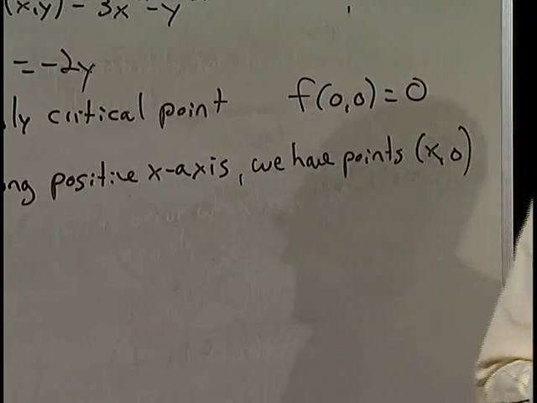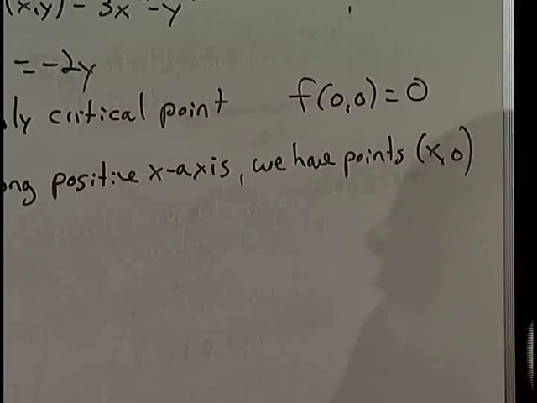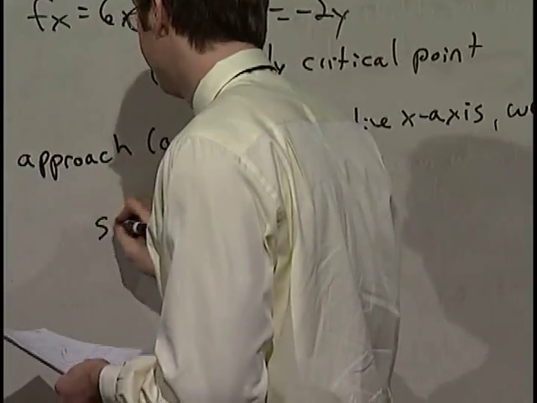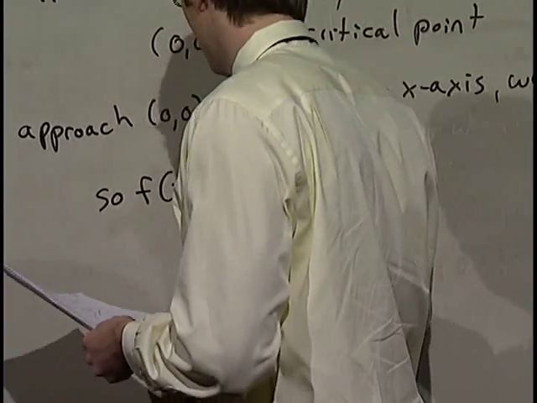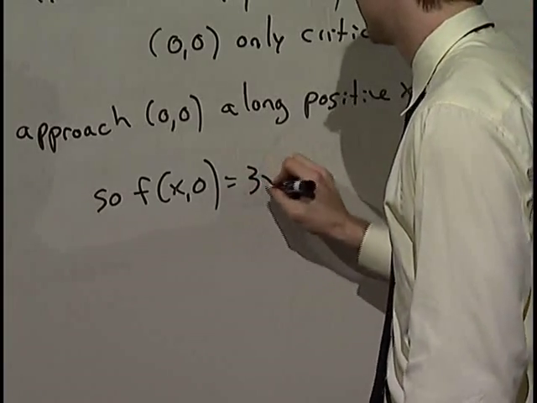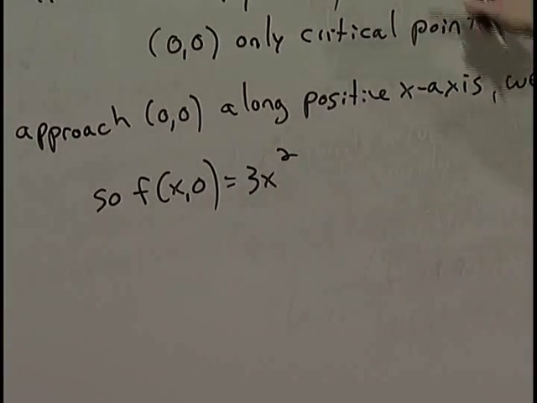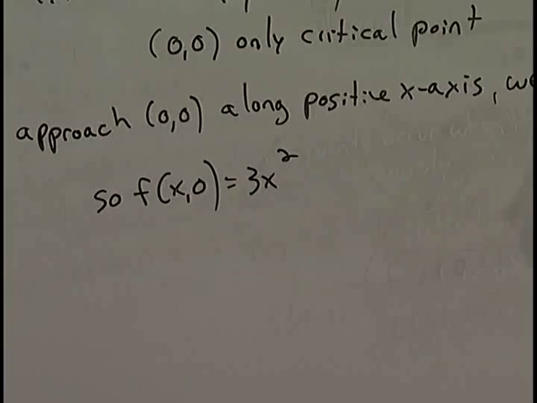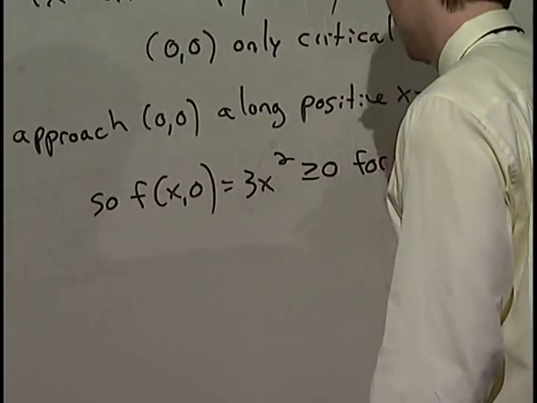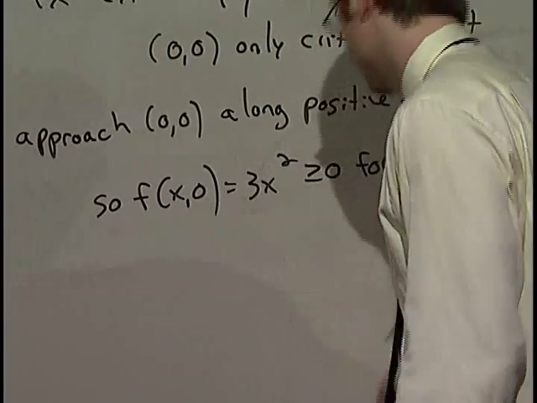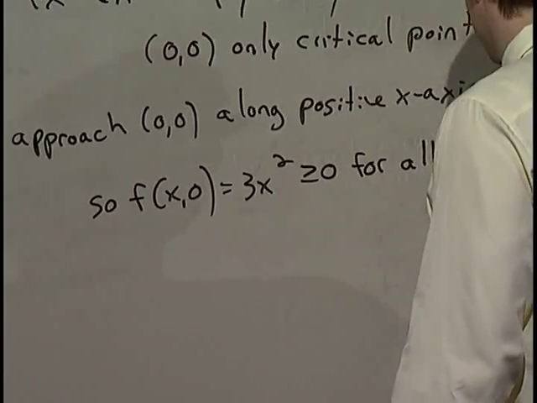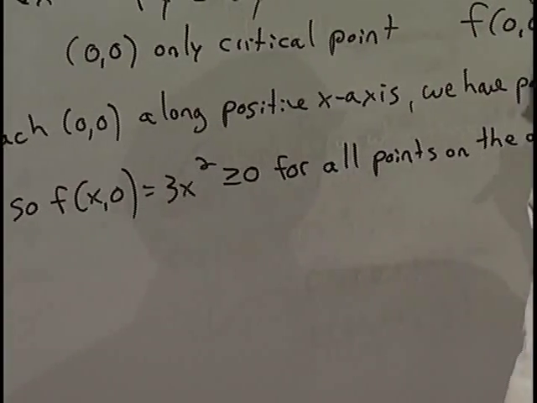So you're walking along the x-axis, every point has this coordinate (x, 0), and the x's are positive. When I plug that point into my function here, I get just 3x squared, because the y part goes away, y is 0. And so this is definitely going to be greater than or equal to 0 for all points on the approach path.